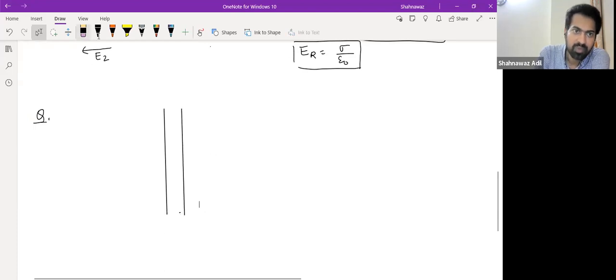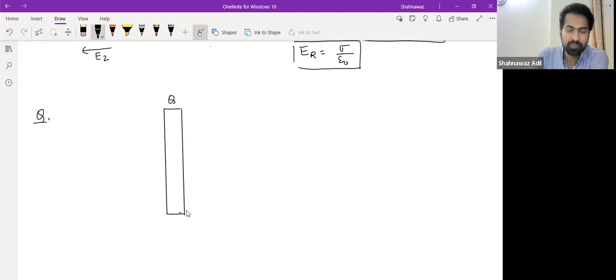Okay, so I have this conducting plate, right? And the charge on this conducting plate is Q. Understood, guys?